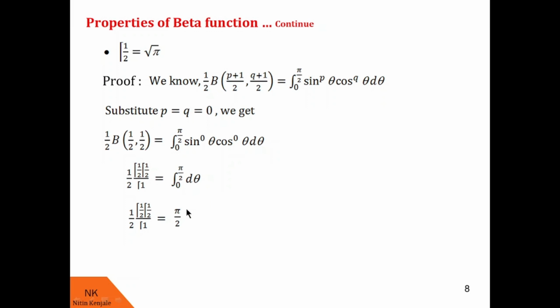Now finally, this 2 and this 2 will get cancelled, and we will be left with gamma of half square is equal to pi. Then taking square root on both the sides, we can say gamma of half is equal to root pi. I hope you understood this property. Let us go ahead for next property.